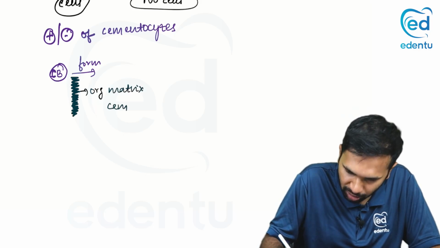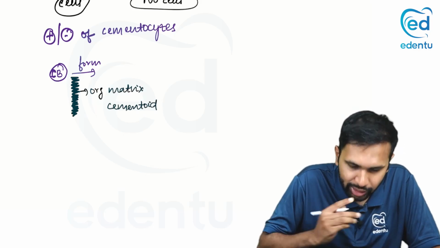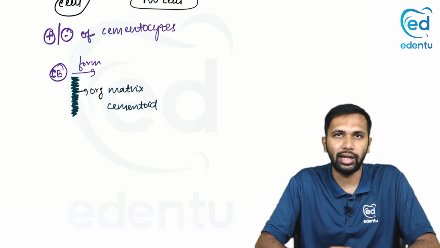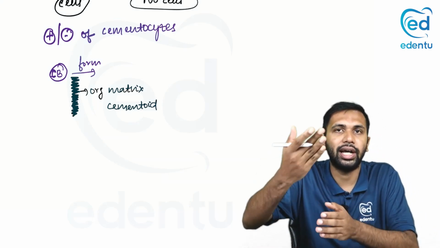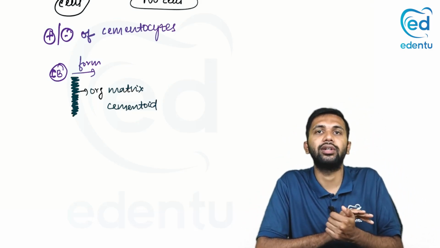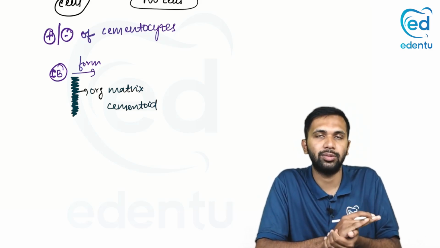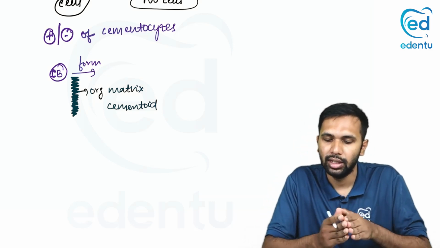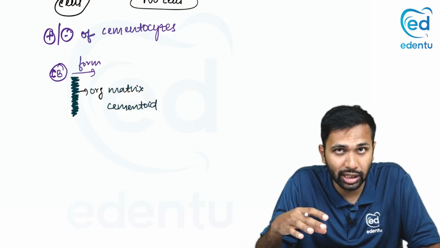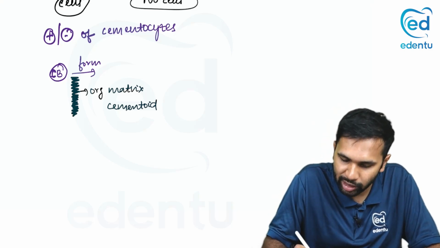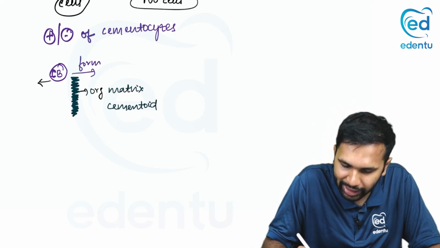You call it cementoid, as some books give it. It forms a cementoid matrix which has to mineralize with inorganic ions, mainly calcium and phosphate. Once this organic matrix is formed, the cementoblast steps back.